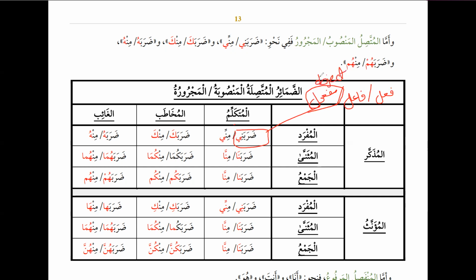What is an object? For those who do not remember, for example, I kick the ball. The ball is the object, kick is the verb, and I is the subject. Okay, so that's what maf'ul is. It's object. An object in Arabic is always mansoob.